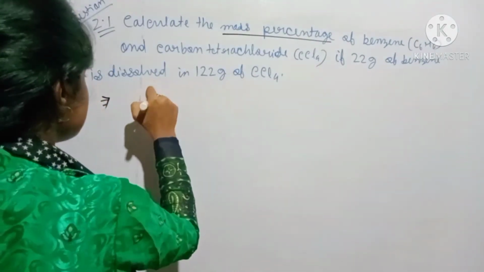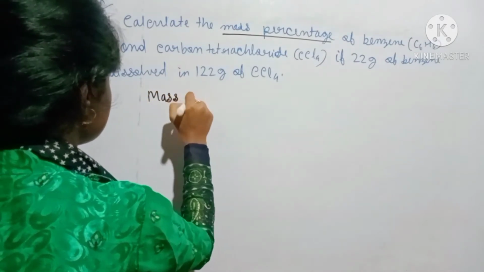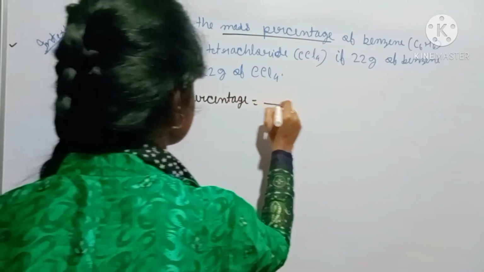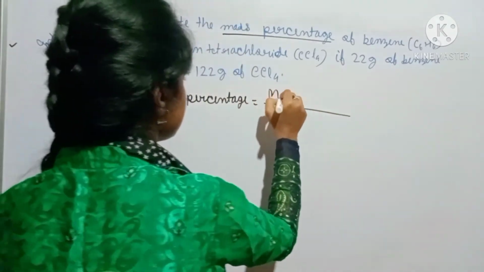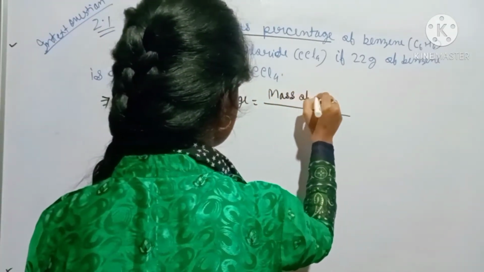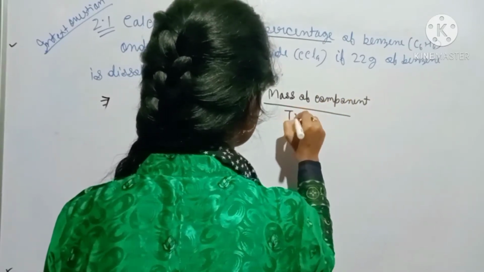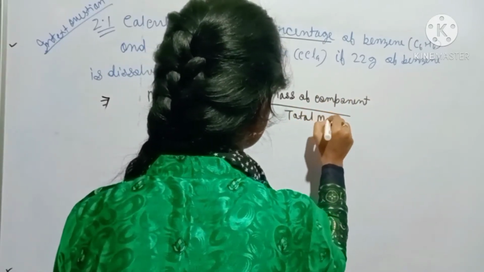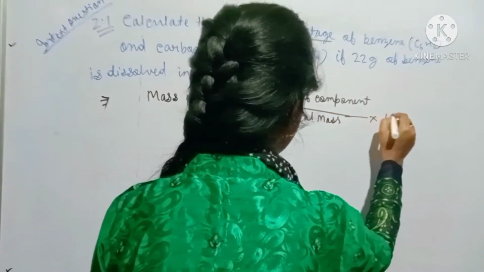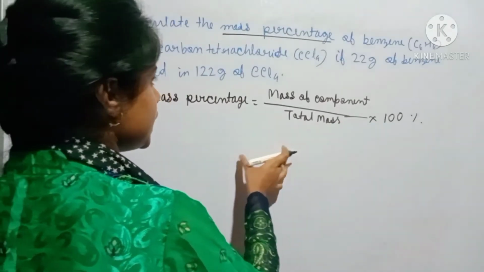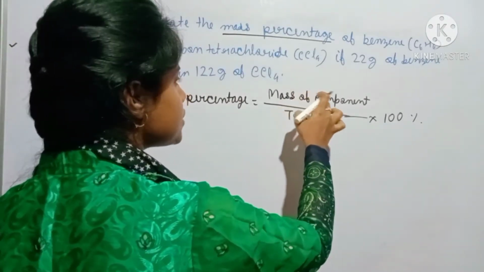Okay, we know that mass percentage equals mass of component divided by total mass into 100%. Just see one thing: here we have to write mass of component.